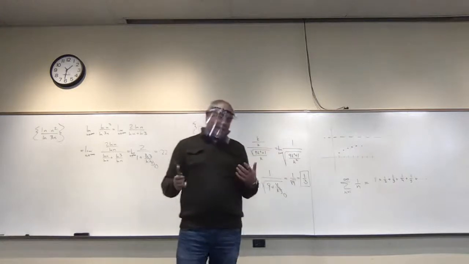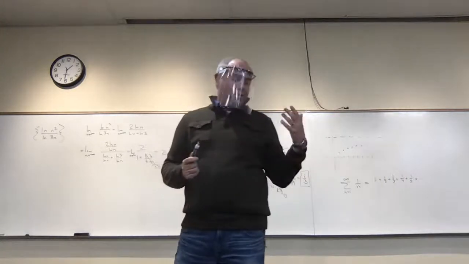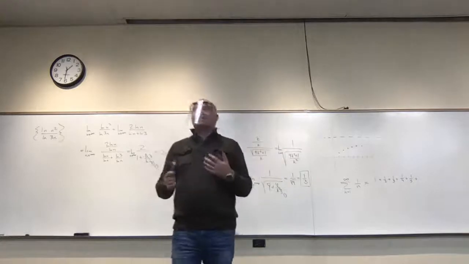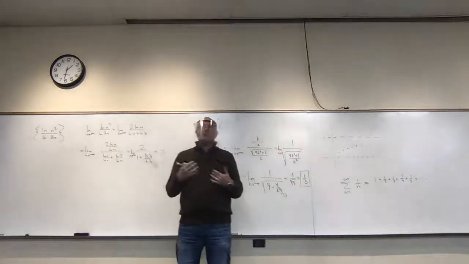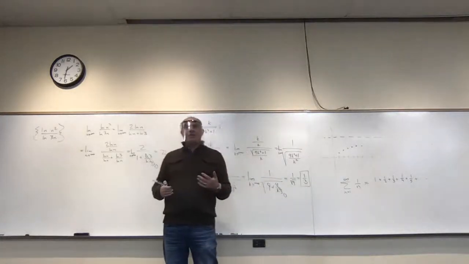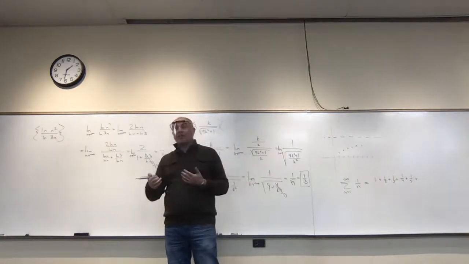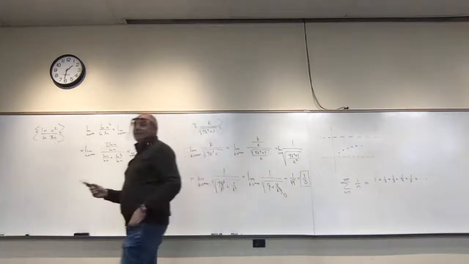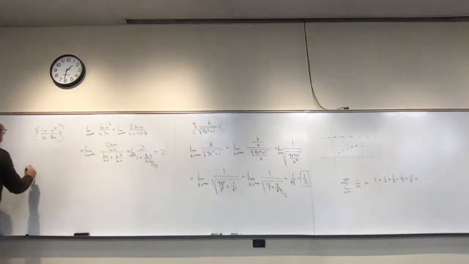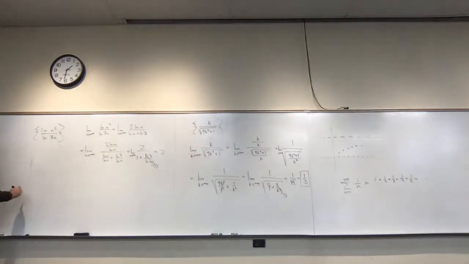Zeno submitted this problem that Achilles is going to race the tortoise, but Achilles is pretty fast and the tortoise is pretty slow. So let's go ahead and give the tortoise a head start. Let's say they both start here, and this is Achilles and this is the tortoise.